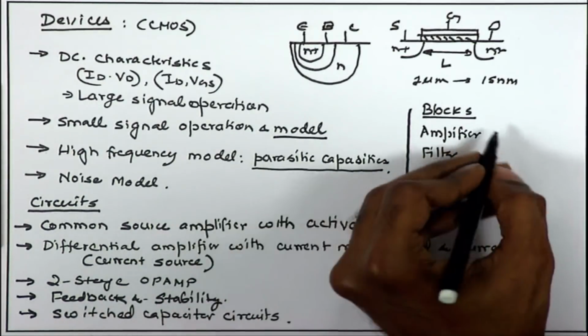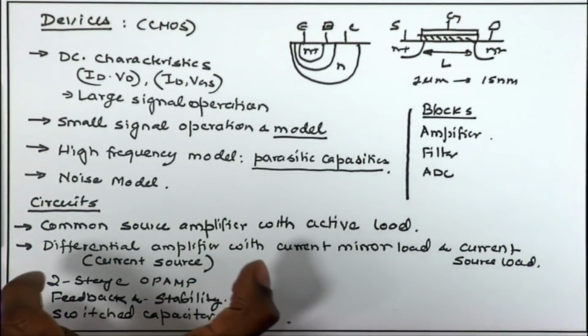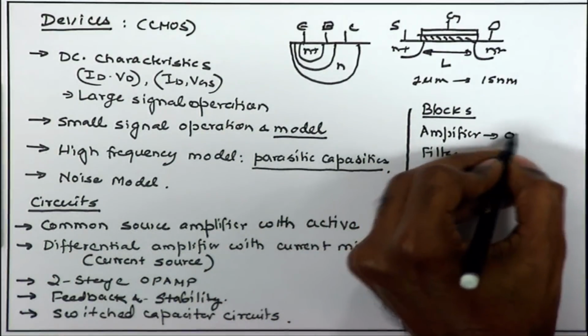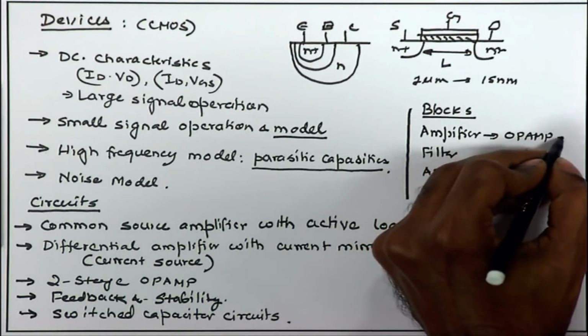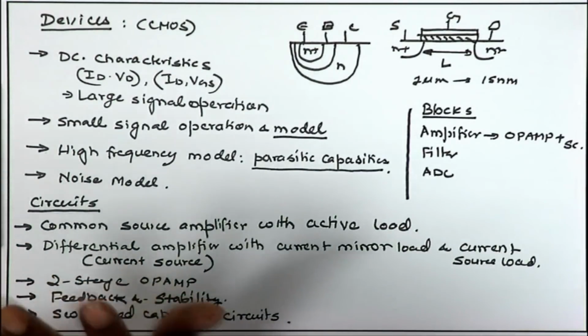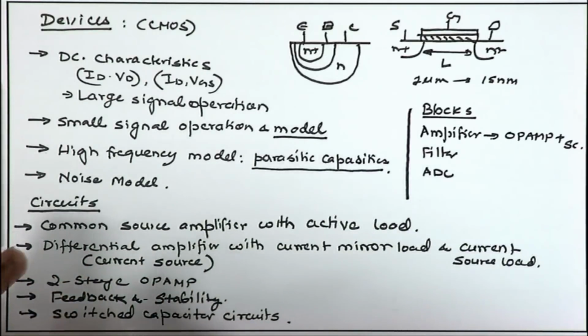For the amplifier part, as we have already said, we will be using the operational amplifier in conjunction with some switched capacitor units to arrive at the amplifier design. There will be some additional concepts required to address some practical issues, so that we will be covering as we go on.